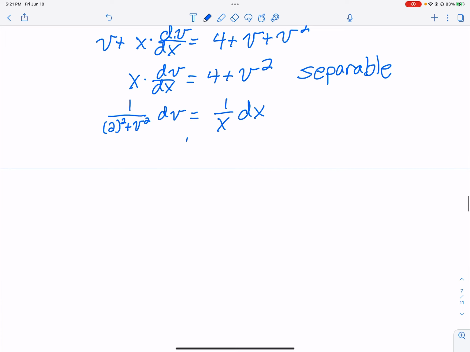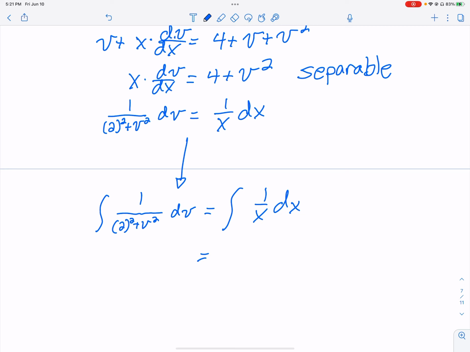So we have that. Now, we have the integral of 1 over 2 squared plus v squared dv, and the integral of 1 over x dx. The right side, I hope you're getting used to that, shows up a whole lot. I have that. I'm going to call it C1 because we're going to change it here in a moment.